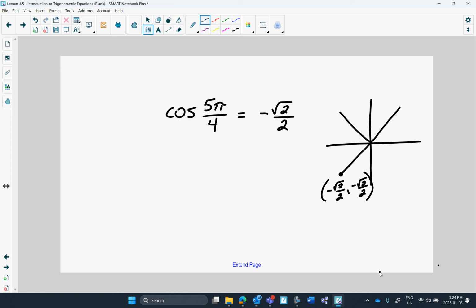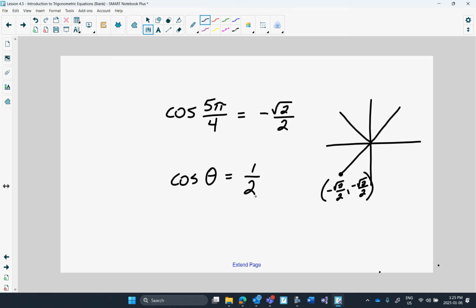What we're doing today is this. You're given the trig value, you're given the answer, but you're asked to find the angle. So basically, I want to know what angle or angles, because there could be more than one answer, is the cos of 1/2.